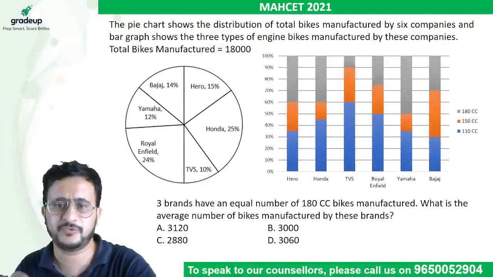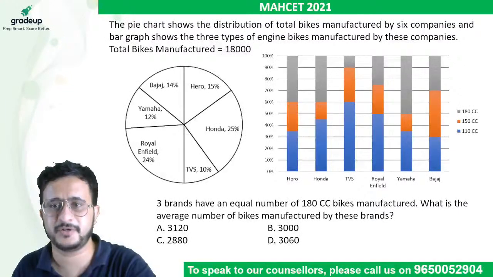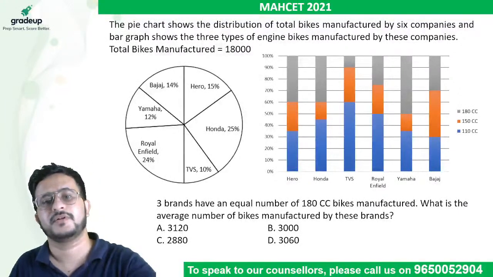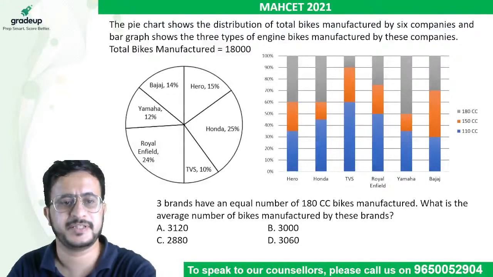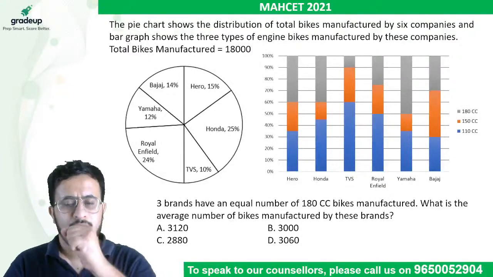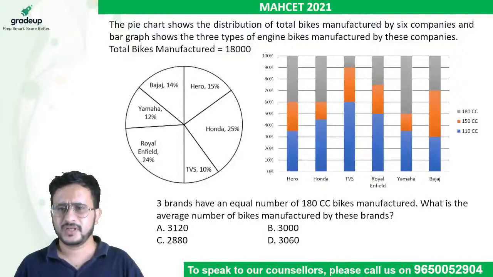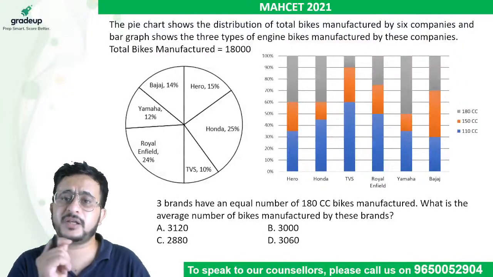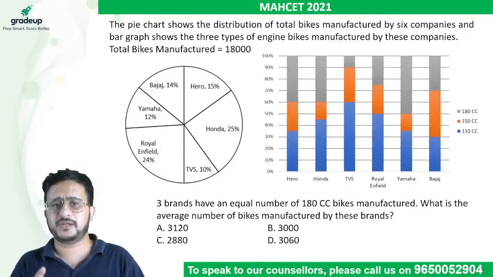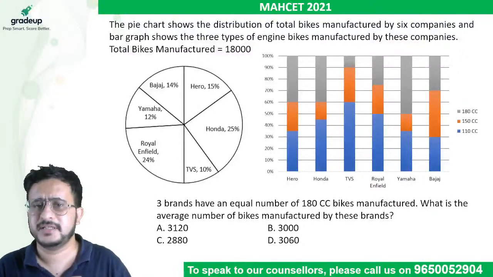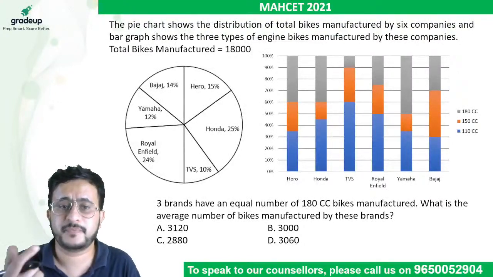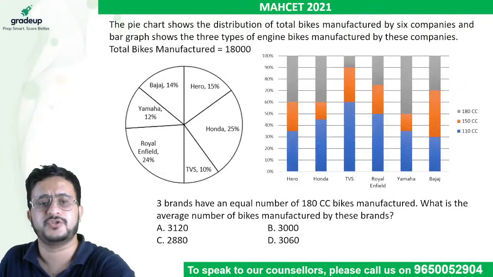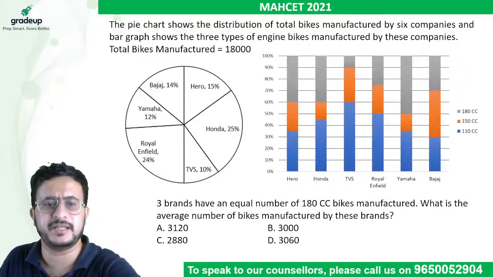They have equal number of 180cc bikes manufactured, and you have to tell what is the average number of bikes manufactured by these brands. One mistake that people do is they calculate all the values. See, if you calculate all the values, it will take time, and all values might not be needed in the question. So only calculate those values which are relevant to the question.